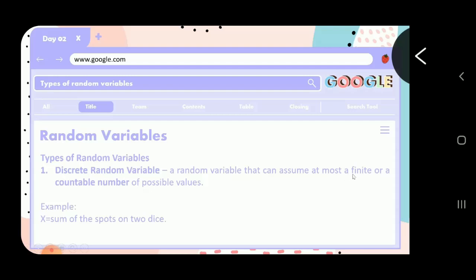If it is finite, it means it is countable. So if you get a number or a value through counting, then that is an example of a discrete random variable.